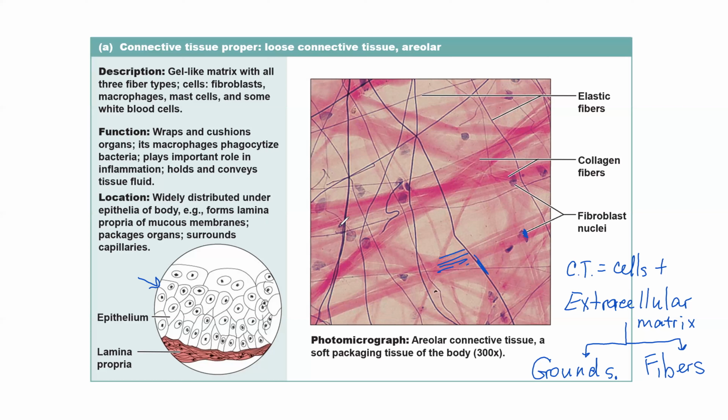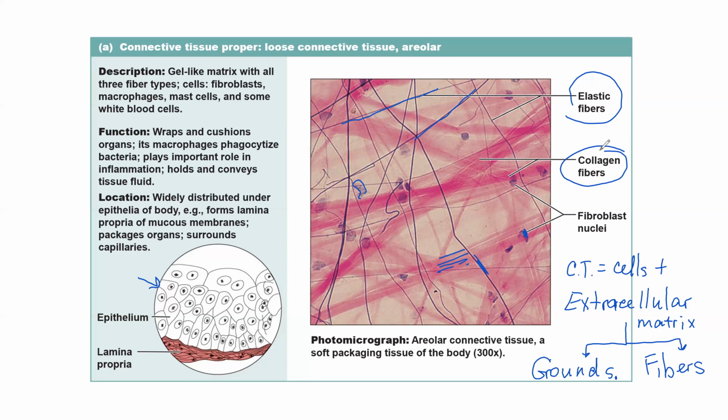Now, when you look at the photomicrograph, I already showed you the cells. Fibroblasts, and the bigger cells will be your mast cells or white blood cells. Now, you can only see two types of fibers here. The thin and darker fibers are elastic fibers, and the thicker pinkish fibers are collagen fibers.